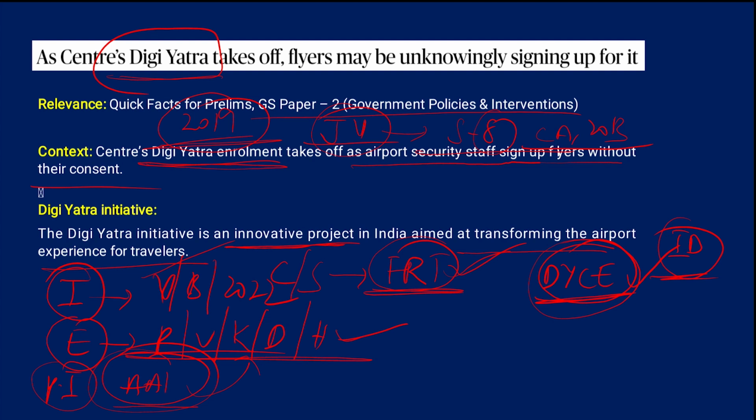So what are the primary objectives of this Digi Yatra? Looking at it in a nutshell, prima facie, if you could observe, hassle-free transfer. It enhances passenger experiences. Operational efficiency can be brought in with lower operational cost. Digital transformation is ensured.